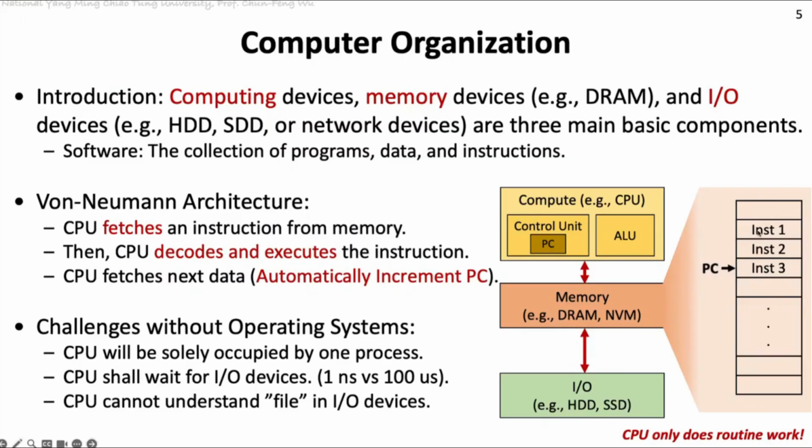An instruction is, for example, an add or a multiplication. Usually there is no instruction code saying, hey, there is a file, can you read the file for us? A file is a concept provided by the file system. So without a file system, without an operating system, the CPU cannot understand files.